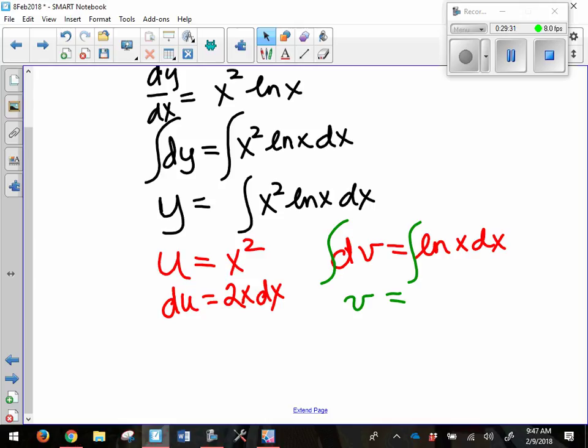What's the integral of ln x dx? It says the integral of e to the ax. Oh no. Nope, that's not it. Maddie, what do you got?